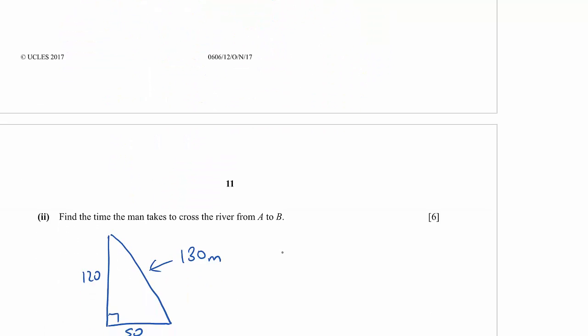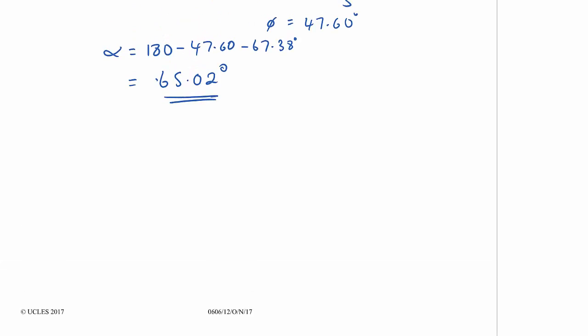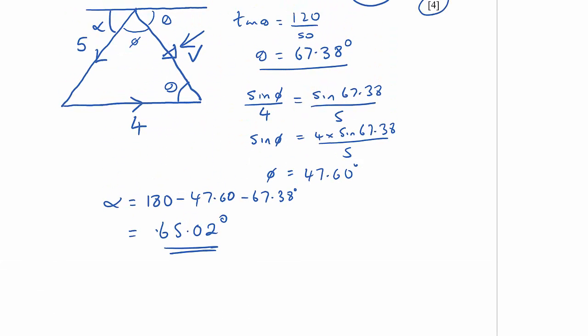Okay, so how might we go about finding V? Well, this angle here is equal to alpha, which is the 65.02.